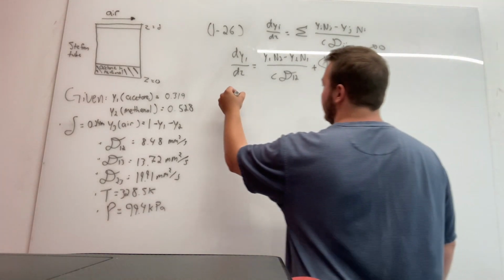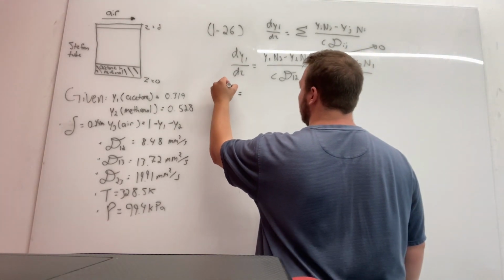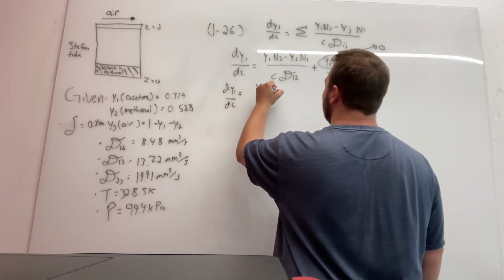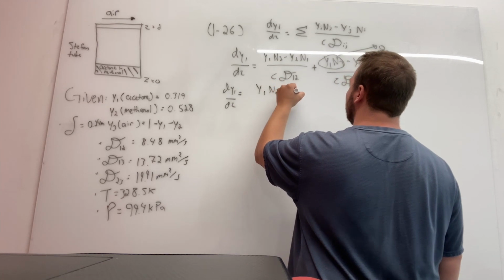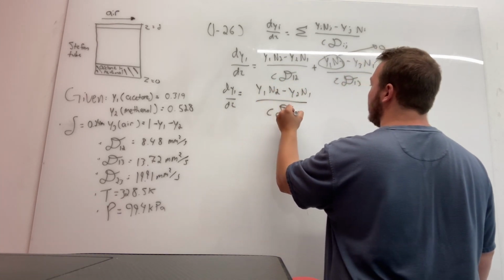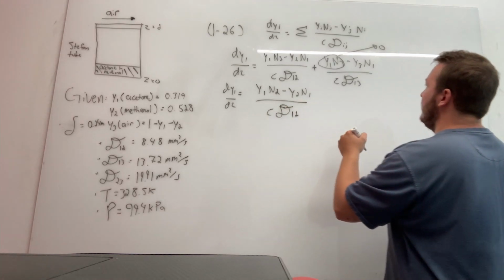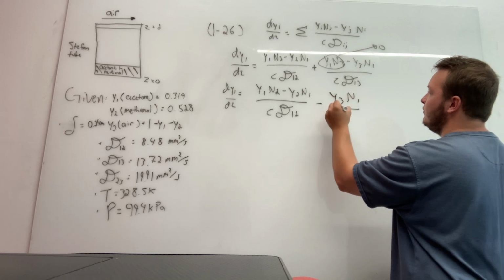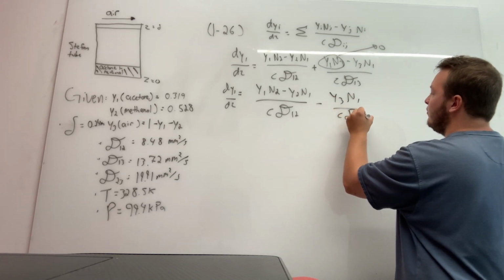So now I can rewrite this whole thing, and we're just left with y3 N1 over c times the Stefan-Maxwell coefficient of 1, 3.